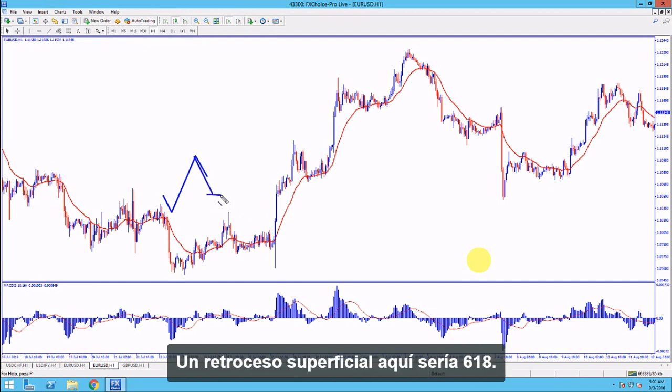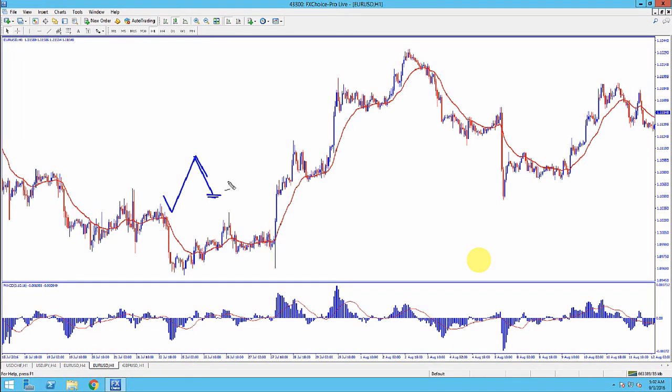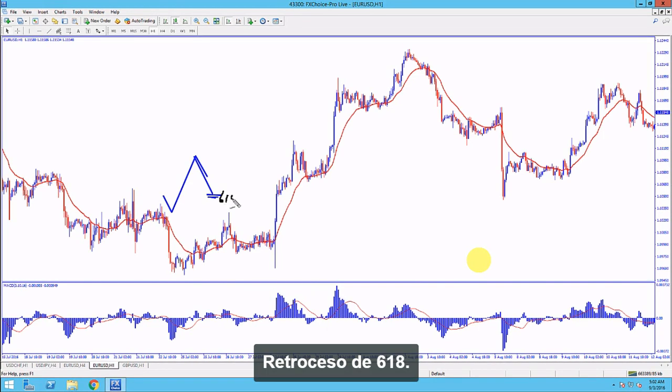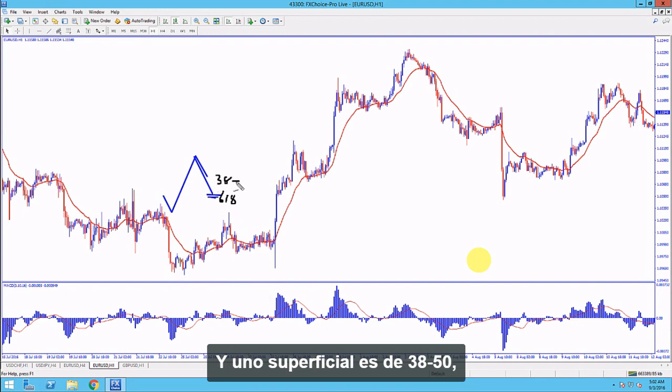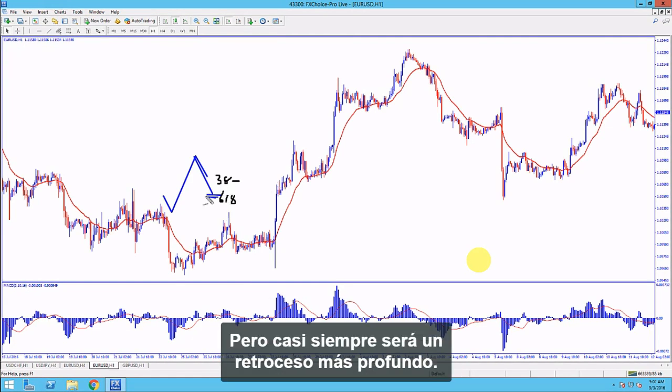A deep retracement here would be considered 618, and a shallow is a 38.8 to 50, sometimes even 24%. But most of the times you'll get a deeper retracement.